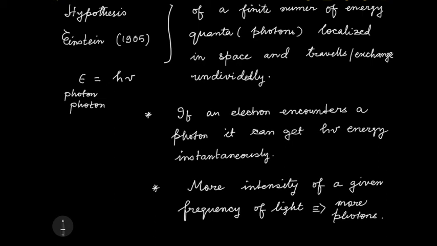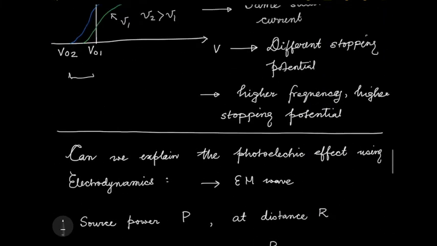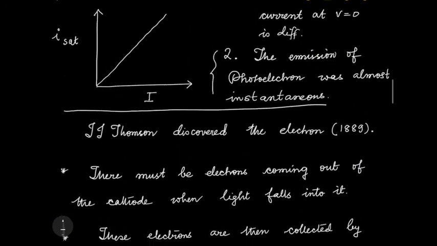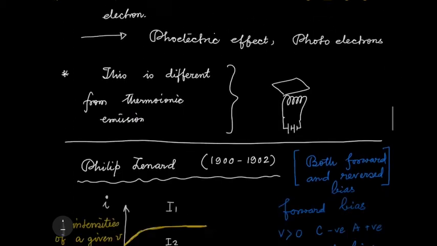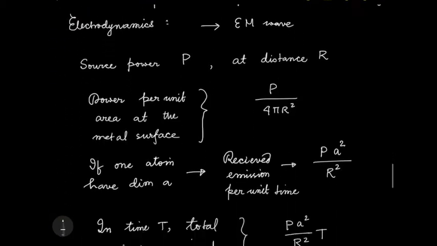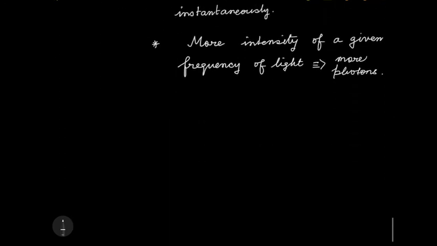Okay. These two are readily understood. So more intensity, more photons, which means that the Stoletov second curve is readily understood now. More intensity, you will have more photons, and more photons will knock out more electrons, so you'll get more current.